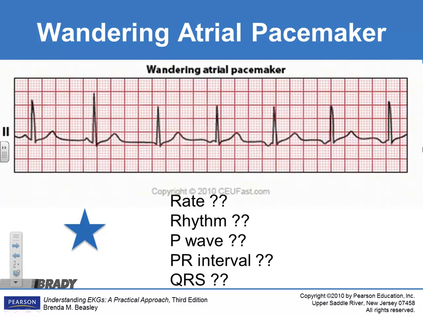Because you've got a QRS complex. And because this is tight, you know that it's getting its impulse from the atria somewhere. So it has to contract. It won't contract if it doesn't get that energy. So you know that it's getting it, you just can't see the P wave. That's a good question.